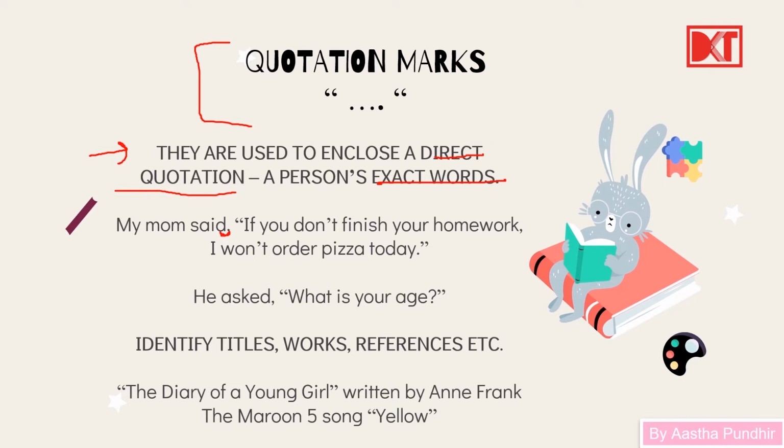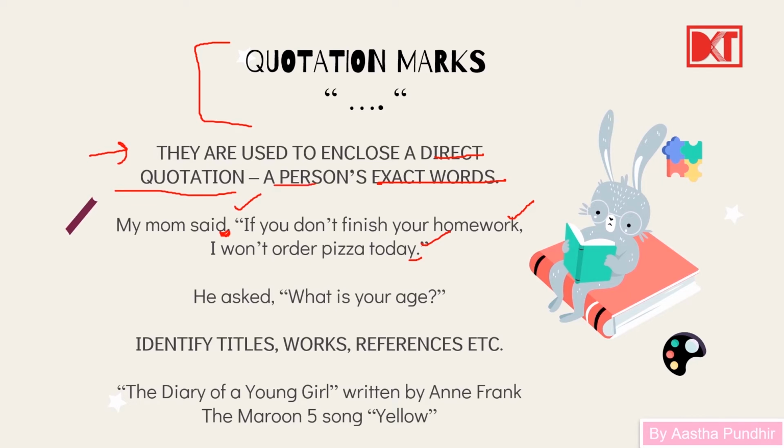Remember we talked about this in comma, when we are quoting somebody, after we tell that this person said or that person said. So my mom said, and comma, and then we say, "If you don't finish your homework, I won't order pizza today." Right? So many punctuation marks in here. We have a comma, we have quotation marks here, we have another comma here, we have a full stop and quotation marks closed.